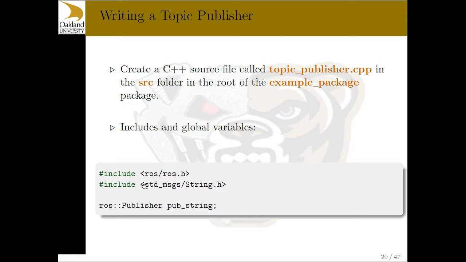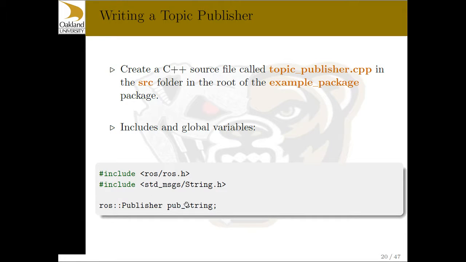And then another thing is we have to include the string message type. Again, a topic is just a vehicle, just a method of communicating between nodes, but the actual data on those topics are called messages, and each of those messages has a different type. In our particular case here, we're going to be subscribing to a string topic, so that means it's going to be string messages on a topic.